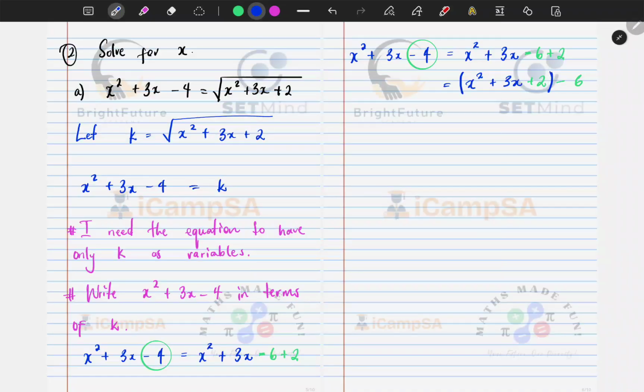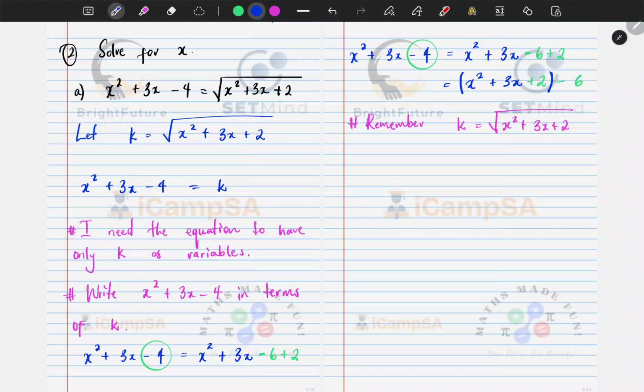But remember, k was equal to the square root of x squared plus 3x plus 2. So I want to have whatever is under the square root, so that I can substitute it back there.